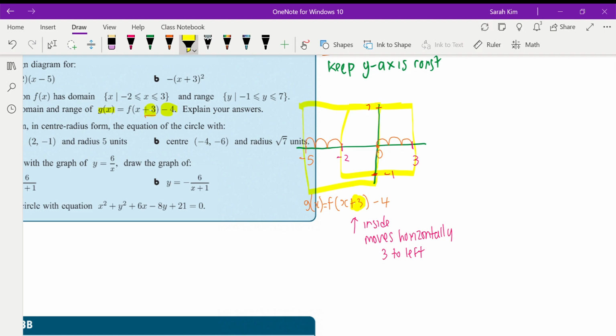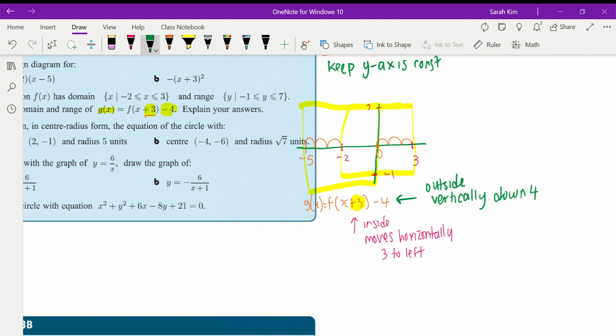Now my y doesn't change because I haven't affected anything vertically, but let's have a look at this one, -4. Now obviously the inside was horizontally, so this one would be outside of the function, which means it'll be changing vertically. Okay, vertically is pretty easy. If it's positive, it's up. If it's negative, down. So down 4.